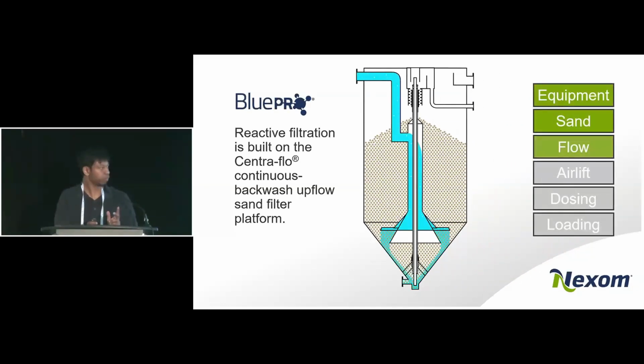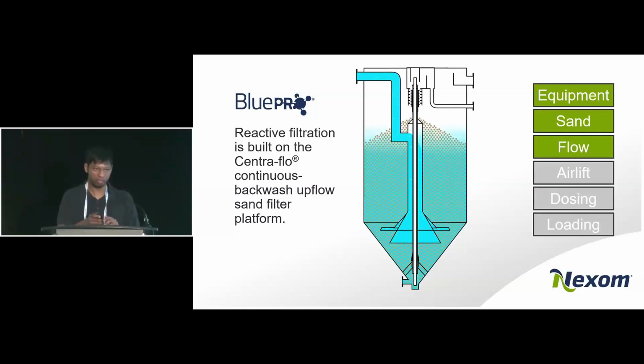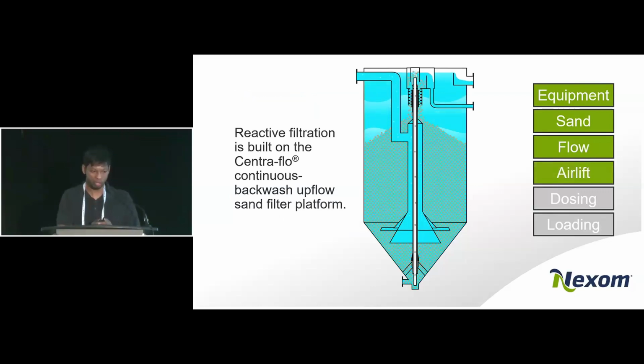The way the sand filter works, while it looks complicated, is actually simple. When we set it up, we clean the tank and clean the sand, and fill it up with water. As soon as we fill up the tank, we start the airlift.